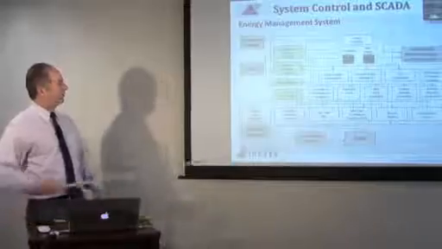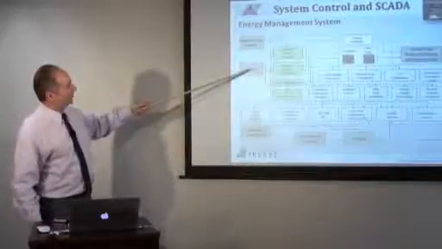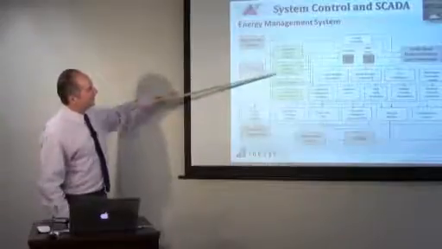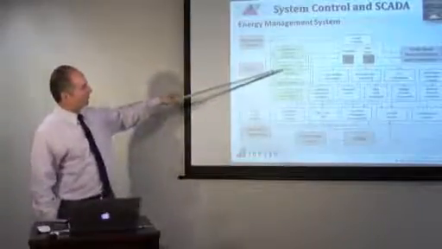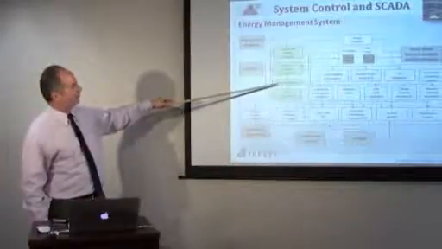Now, the energy management system that's tied into SCADA has a lot of bells and whistles. Just because we have SCADA, we can do so much. I'm just going to mention a few of the boxes over here. We have a SCADA system that's driving all this, and we have a map board and displays. In the system status processor, we have the state estimator, which helps us with values and numbers.